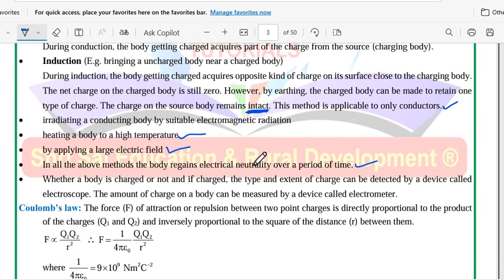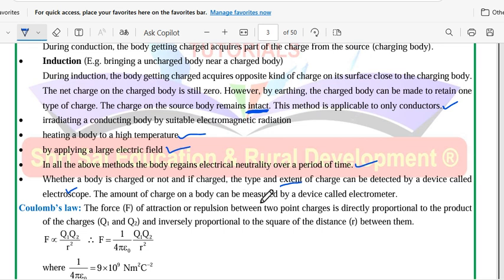Whether a body is charged or not, and if charged, the type and extent of charge, can be detected by a device called an electroscope. So by an electroscope you can find whether a body is charged or not.